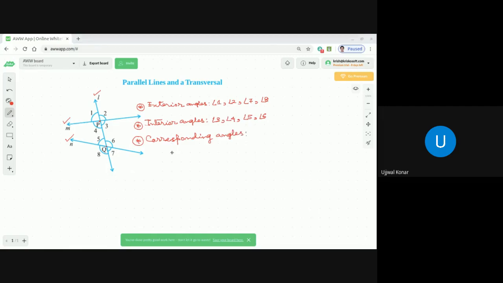So what are the pairs of corresponding angles?